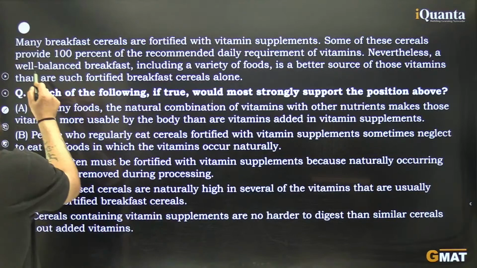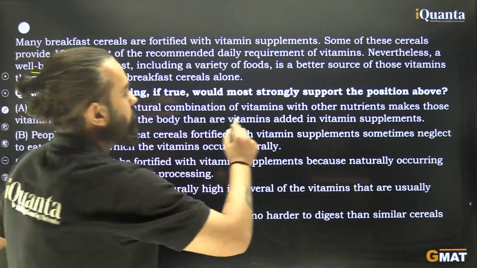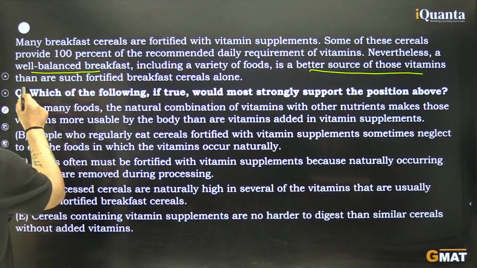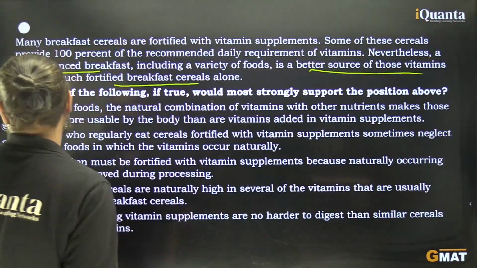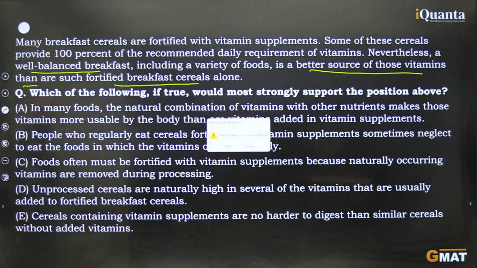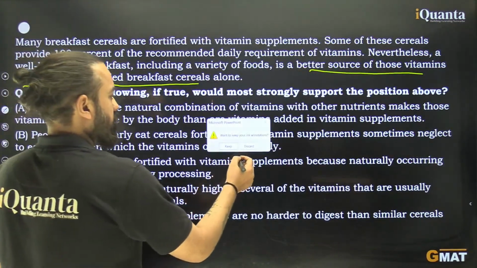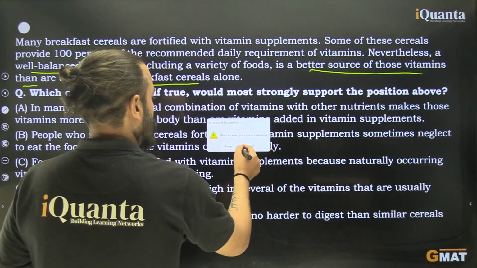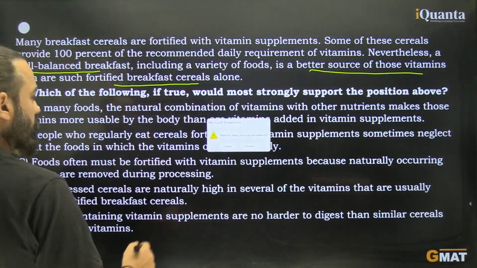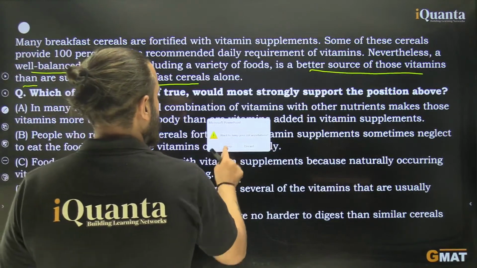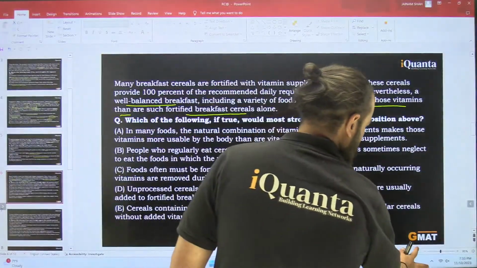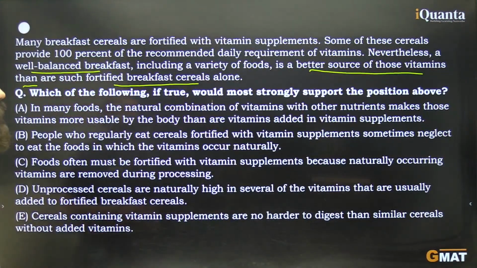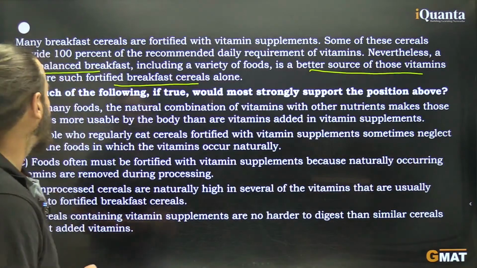So what we're saying is a well-balanced breakfast is a better source of these vitamins than fortified breakfast cereals. Okay. Which of the following, if true, would most strongly support the position above?